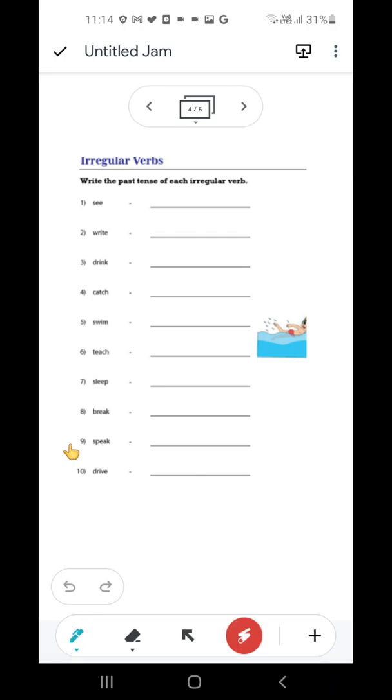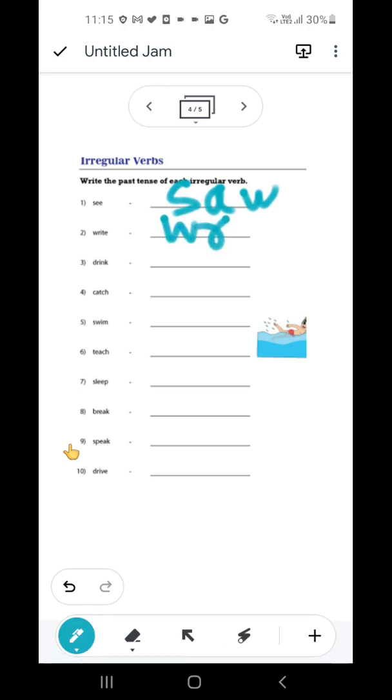The first word is see, and its second form is saw. Then the second word is write. Its second form is wrote. Third word is drink, and its second form is drank.